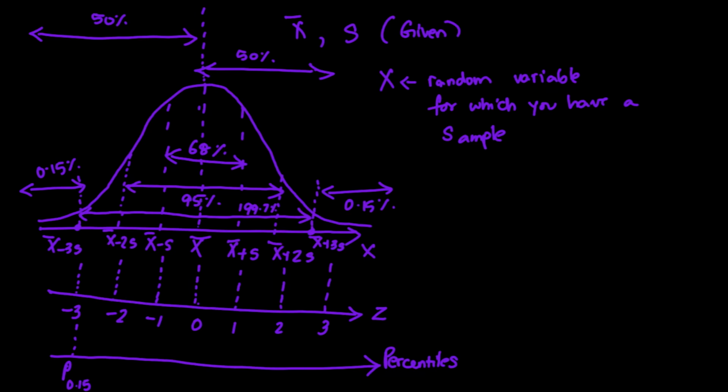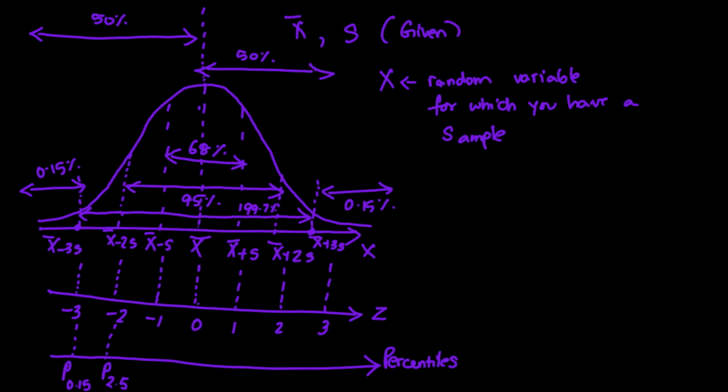In a similar manner, if you observe that between x bar minus 2s and x bar plus 2s, 95% of the observations will lie between those two quantiles, then x bar minus 2s would correspond to percentile P2.5.